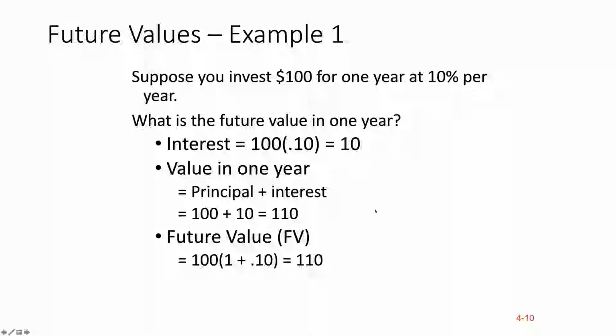Let's look at the equation: 100 times (1 plus 0.1). In the parentheses, the first term represents the principal, and the second term, 0.10, represents the interest rate. For example, the interest for the period is $10 plus the principal. In the end you get paid $110, principal and the interest payment.